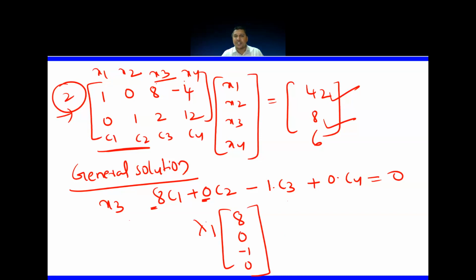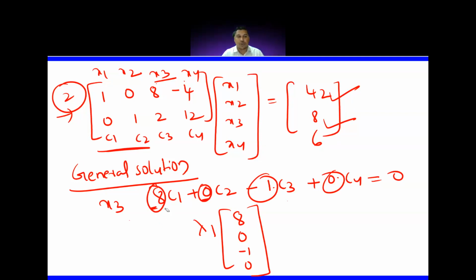Lambda 1 is just a constant, because we have infinite solutions, since the number of unknowns and equations are not equal. Lambda 1 is the game changer in finding the solution. So lambda 1 into 8, 0, minus 1 and 0. This is for x3.